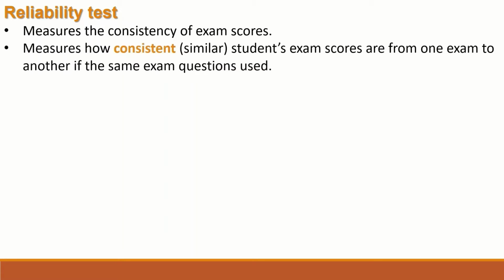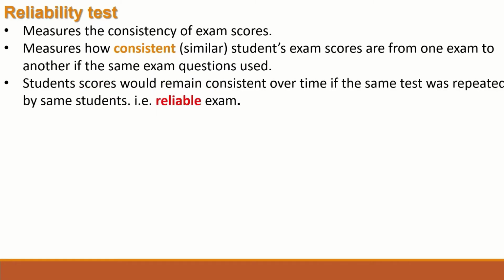Reliability test measures the consistency of exam scores. It measures how consistent, i.e. similar, student exam scores are from one exam to another if the same exam questions are used.